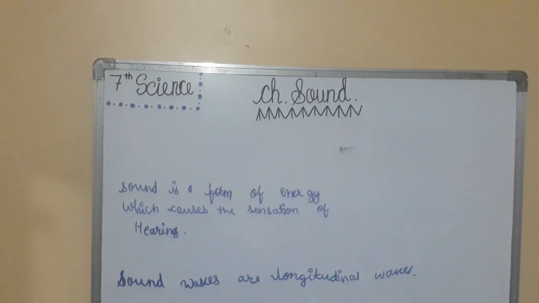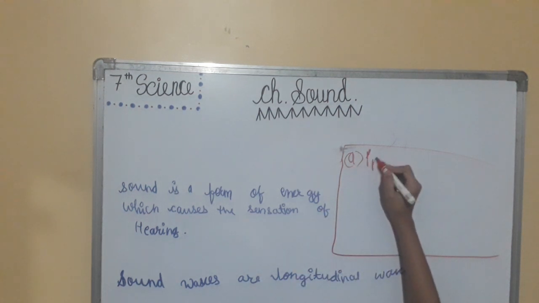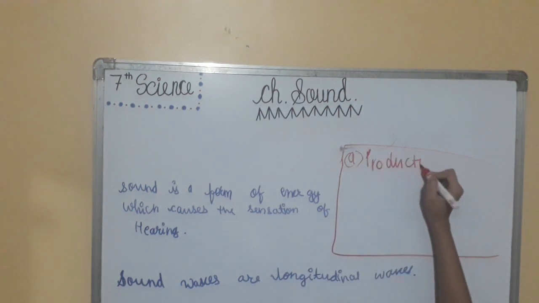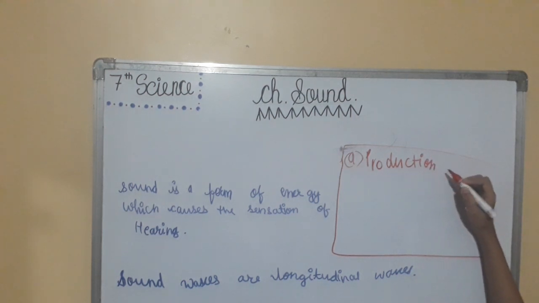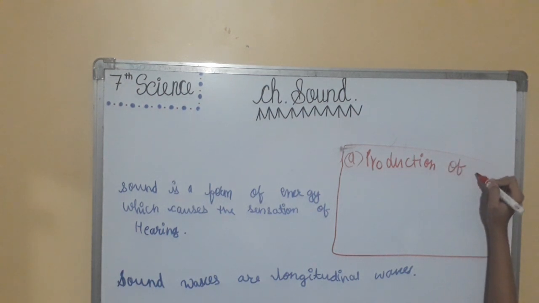Now let us understand the following. We will learn about production of sound, propagation of sound, perception of sound. First one is A. Production of sound.